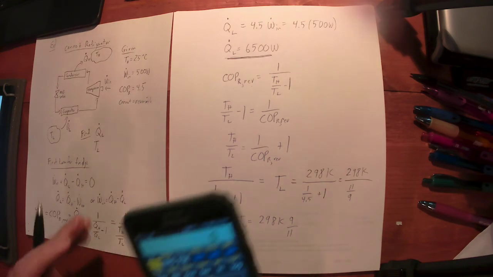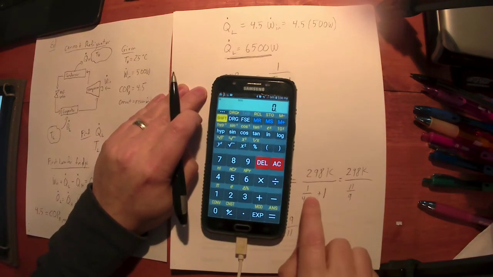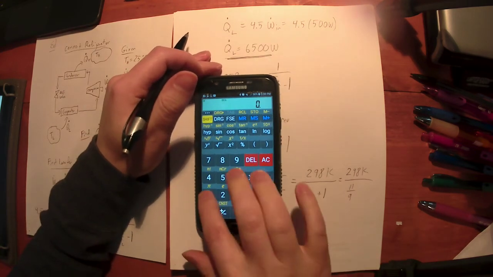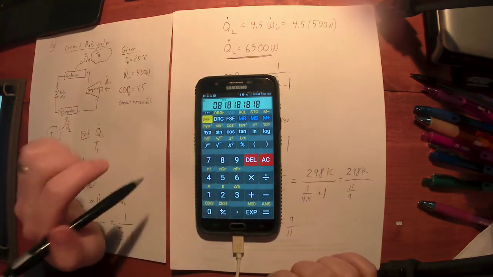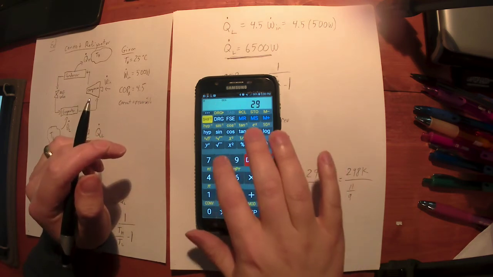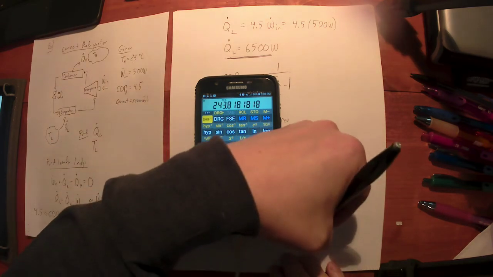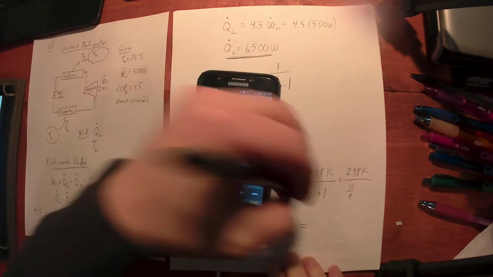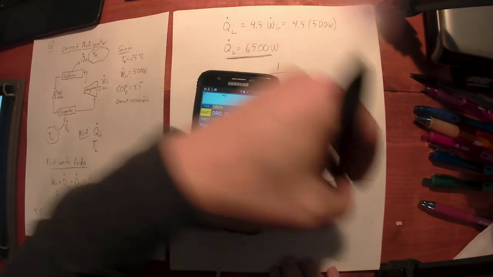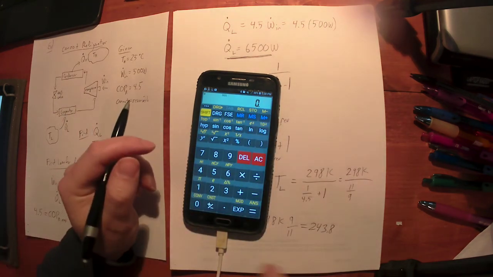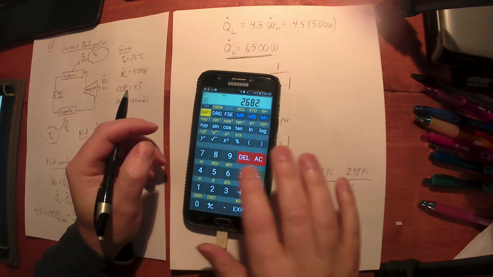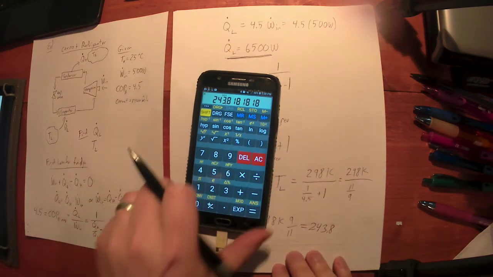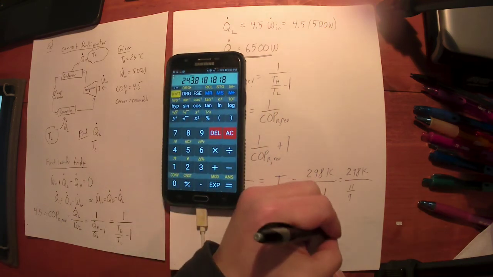I don't know. Let's just go back here and do it from right here and make sure. Right? 1 over 4.5 plus 1. We're going to invert that. Multiply 298 by that value. I'm getting down here 243.8. I erased it. Let's see if I was right. 298 times 9 divided by 11. Yeah. 243.81. Those are kelvins.